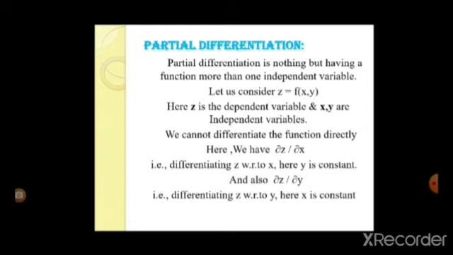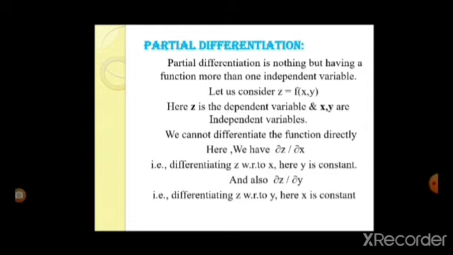That means if we consider any function, in that function we should have more than one independent variable. That means we should have two or more independent variables. Let us consider z equal to f of x comma y. This is the function we have considered here.